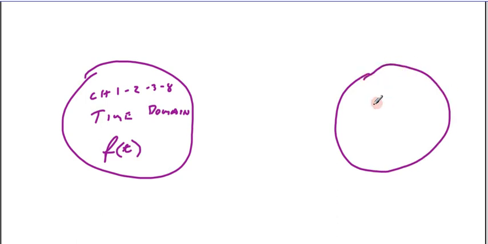I want to solve differential equations by just using algebra. I don't want to have to go and do that integral 0 to infinity stuff anymore. I don't want to have to do any of that. I want to use algebra, and I'm going to solve my differential equations. So that's what I'm going to do. Okay, that seems like a reasonable thing to do.